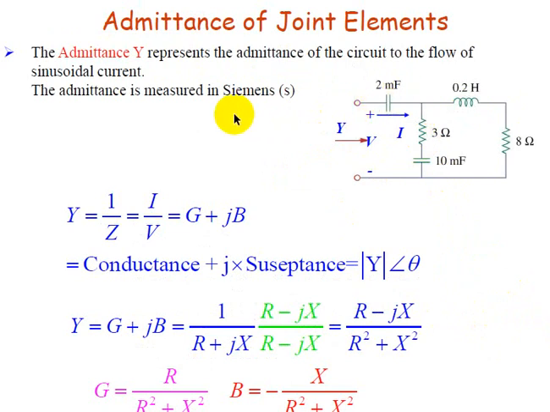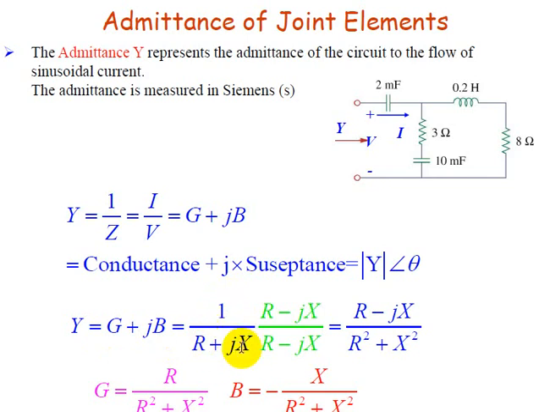Let's talk about admittance. Admittance is the reciprocal of impedance, which is Y equals 1 by Z. If Z is R plus jX, then Y equals 1 by R plus jX.